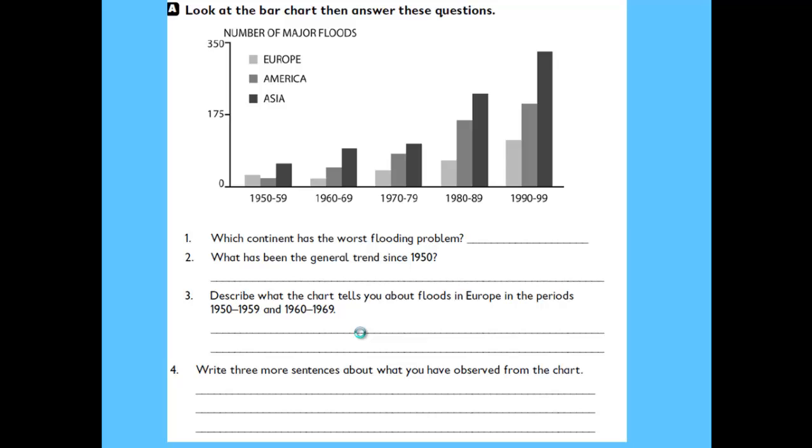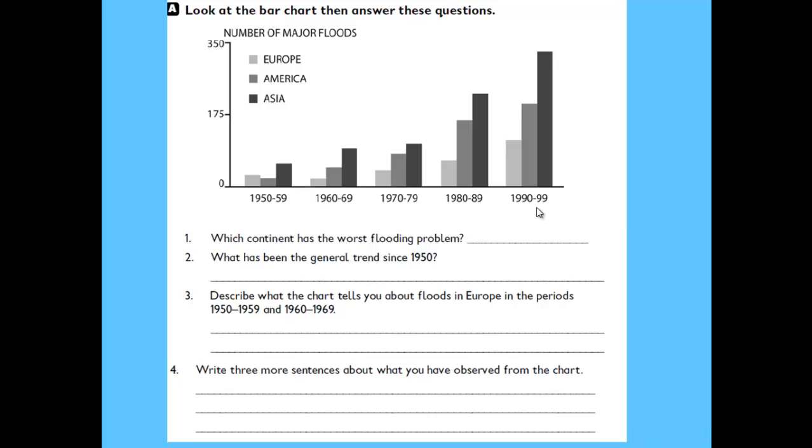On the left, we have 0, 175, 350. And down here we have 1950 till 1959. We have here a decade. What is the meaning of decade? Every 10 years is one decade, and we have another decade according to time till 1999.